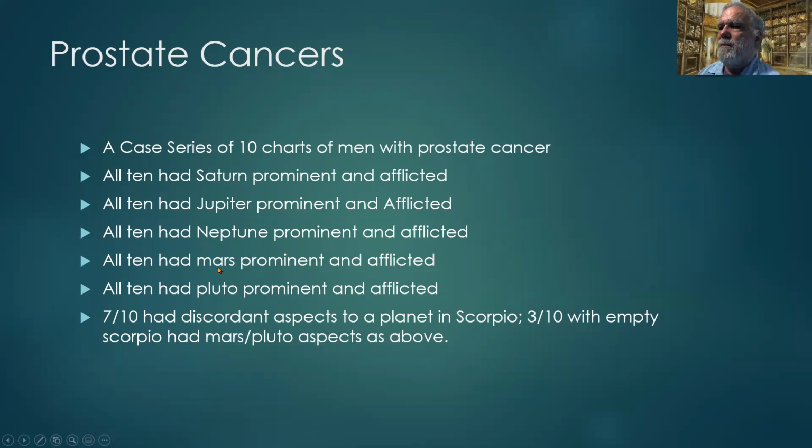Now I put Mars and Pluto here because of their affiliation with the prostate and with Scorpio. All 10 had Pluto prominent and afflicted. It's pretty good. Seven of the 10 had discordant aspects to a planet in Scorpio. The other 3 with an empty Scorpio had Mars or Pluto aspects as above. So this is 100%, had all our constants for cancer, as well as constants specific to Scorpio in the prostate planet.